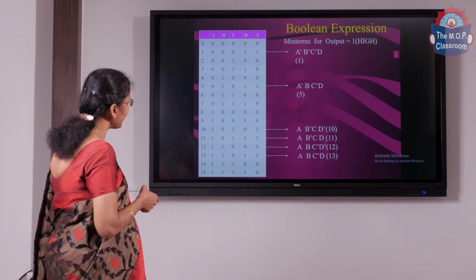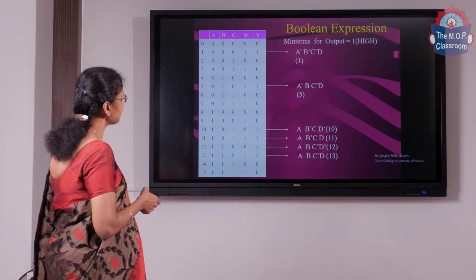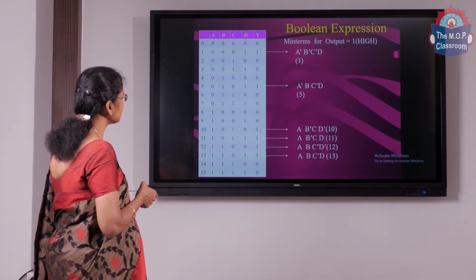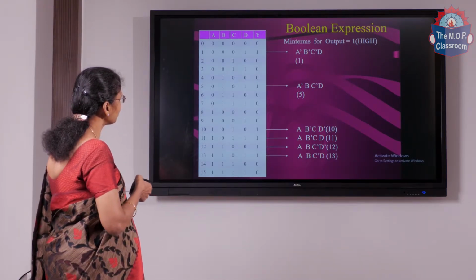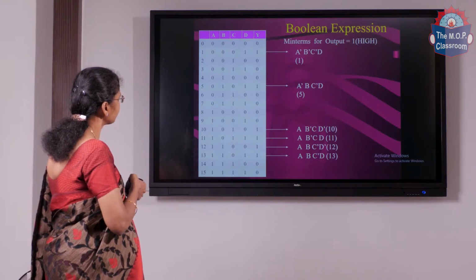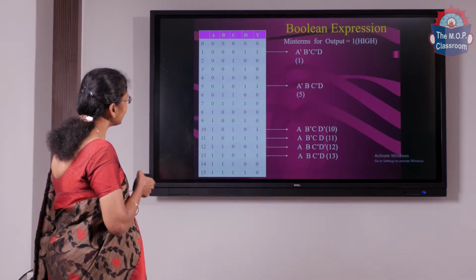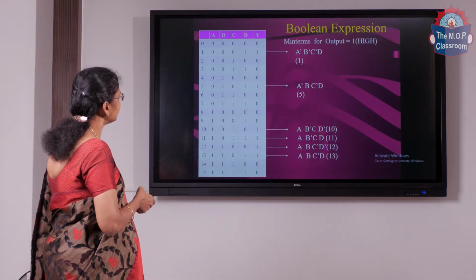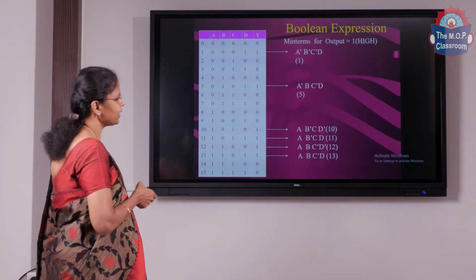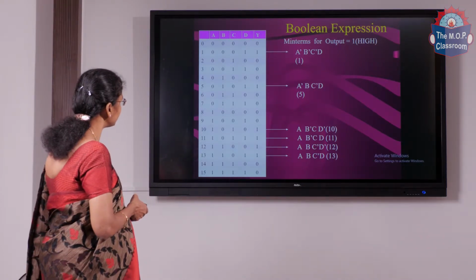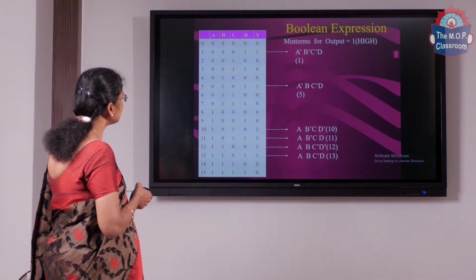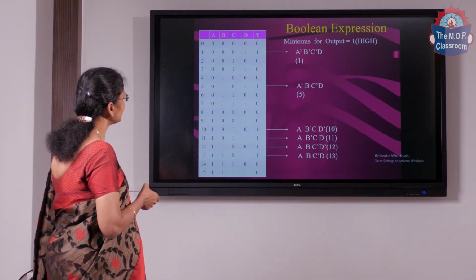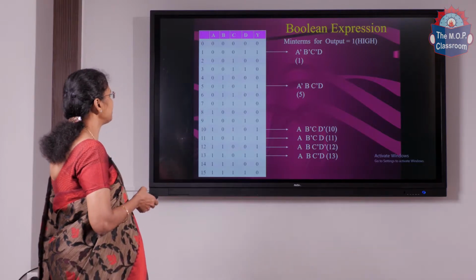Here we have A prime, B prime, C prime, D, the minterm corresponding to output 1. Here A prime represents the value 0, which means the variable A takes the value 0, and the variable D takes the value 1, so it is not complemented.